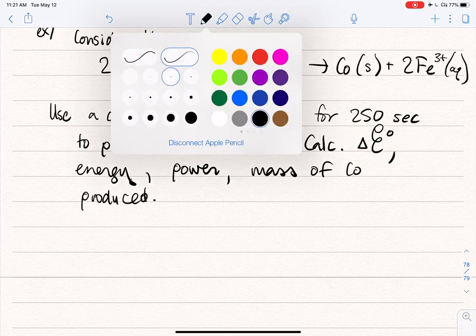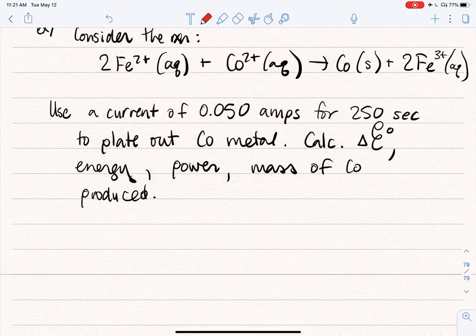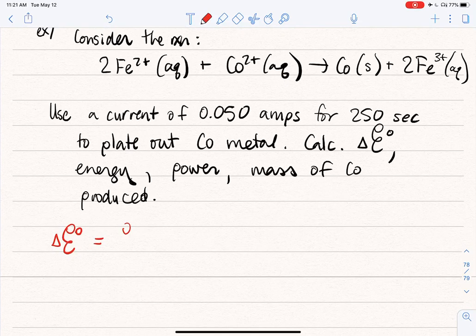So that one is going to be taking, let's see, you can take the cell potential of the cathode and subtract the cell potential of the anode.